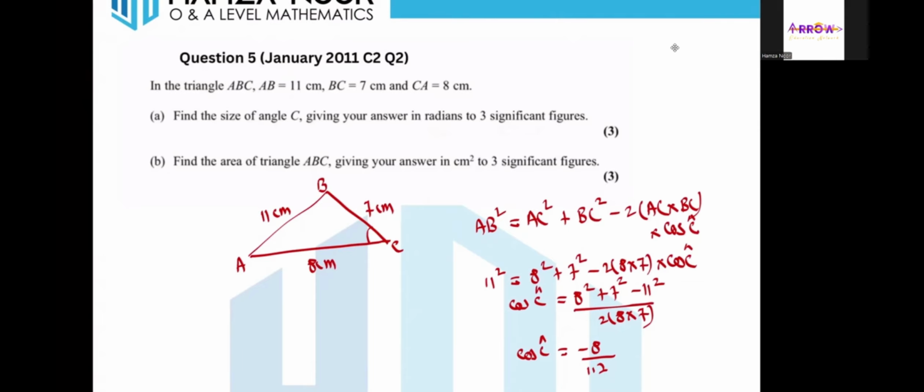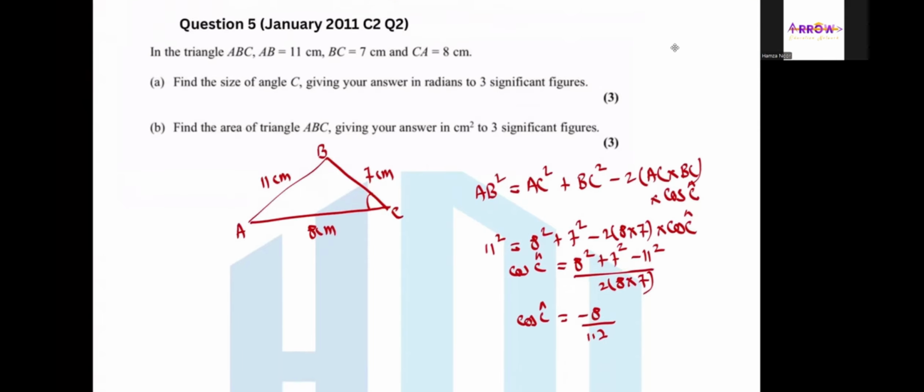So what I'm going to do is find the angle C. Therefore, angle C is equal to cos inverse of minus 8 divided by 112. Okay, so I'll convert my calculator to radian mode.